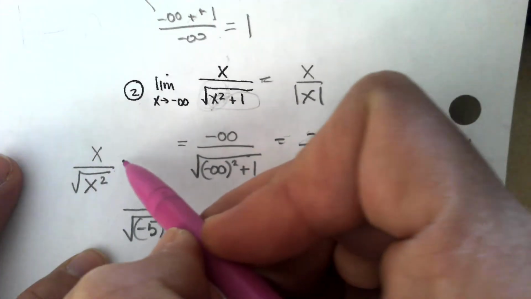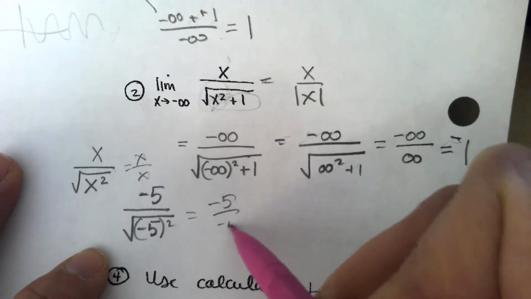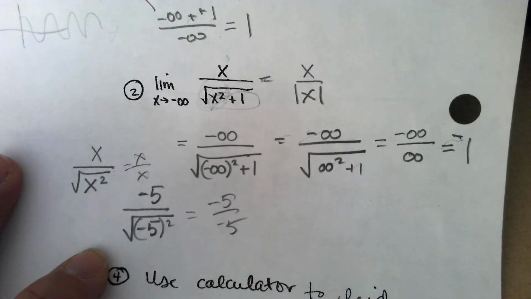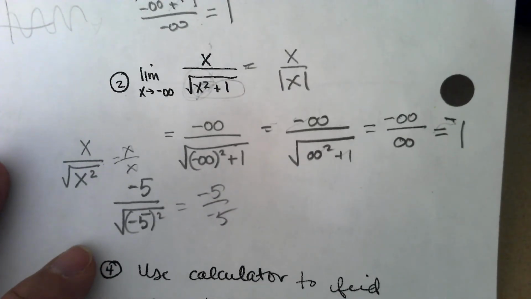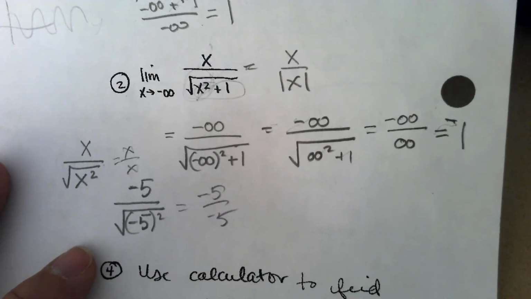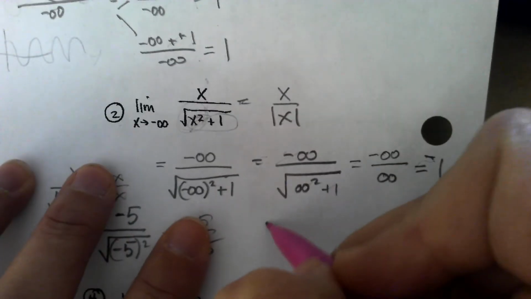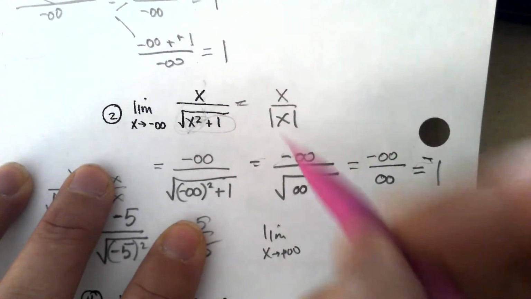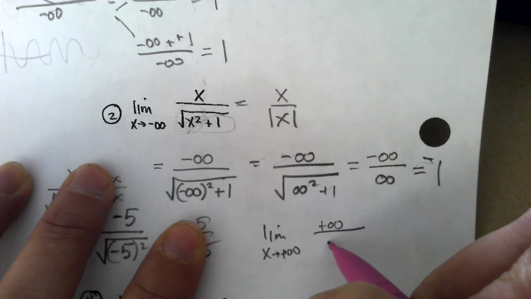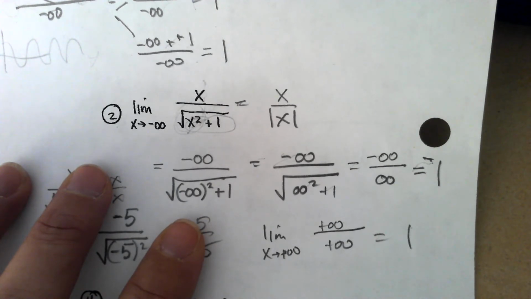If you tell me that this equals x over x, then that means you're telling me this equals negative 5 over negative 5, which it doesn't. But for the infinity, would you have to have 2? Yes. Because if you send us towards positive infinity, that's going to be a positive infinity over a positive infinity, and that would be 1. So there are still 2 horizontal asymptotes if you're on this one too.